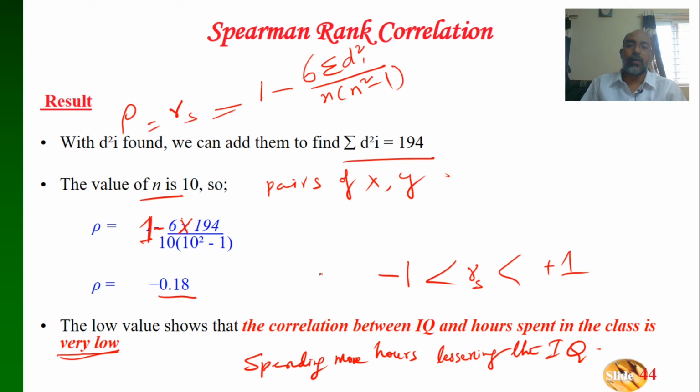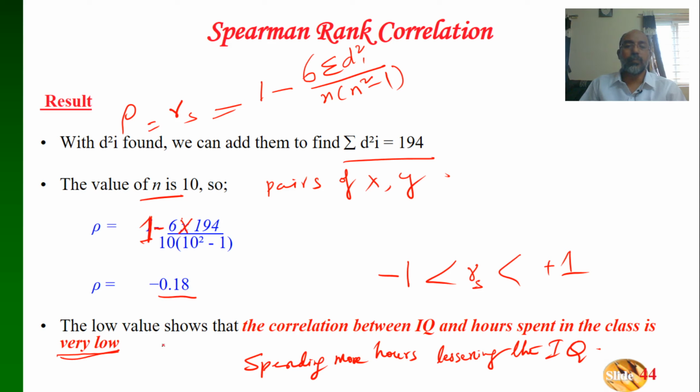The value must always exist between minus 1 and plus 1. So how to interpret: since it is 0.18, not minus 0.99, which would be called a very strong correlation, it is only an 18% correlation, in the negative way.